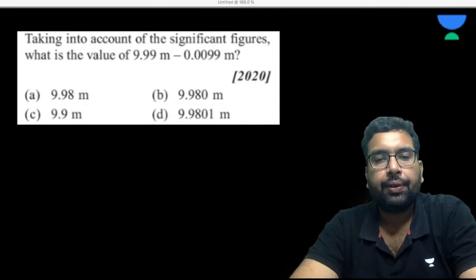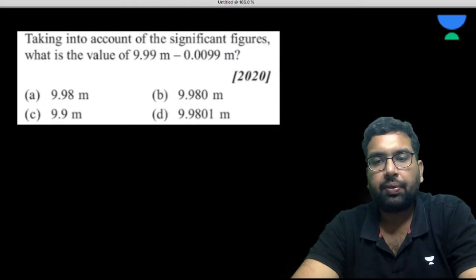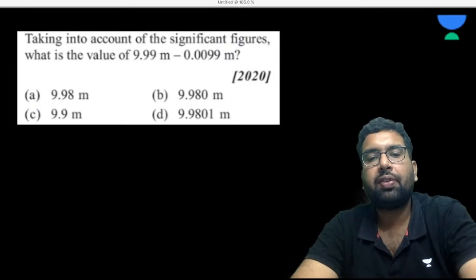So what is going to be the answer to this? Please think and tell me. Actually, no calculation is even required in this.